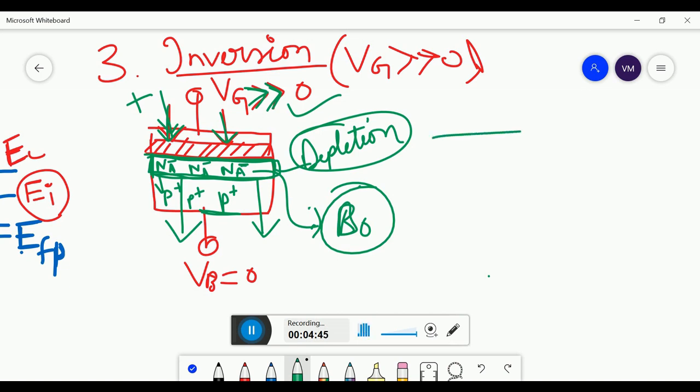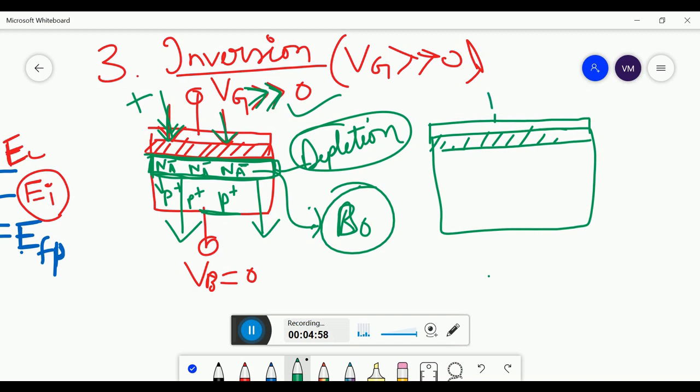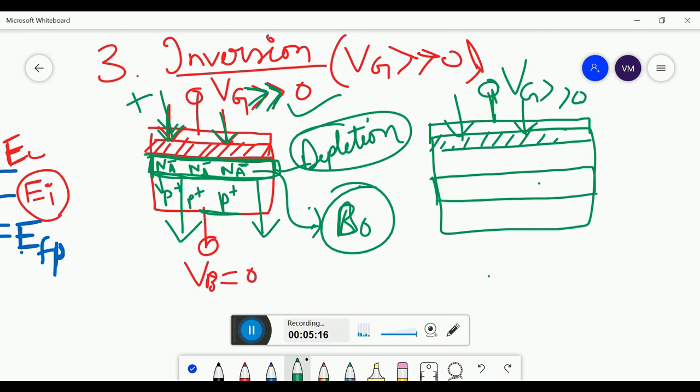Now what will happen? Let us draw it again. You have the same silicon oxide layer, you have the same aluminum gate, and you are applying a very high positive voltage. Now due to this positive voltage, this layer has gone downwards. What layer?